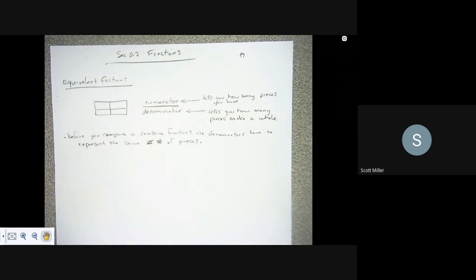So it's very difficult, okay, to compare fractions if they are not basically the same size, the same type. So if I have a different denominator, it's a different type of fraction. It's a different thing, okay?